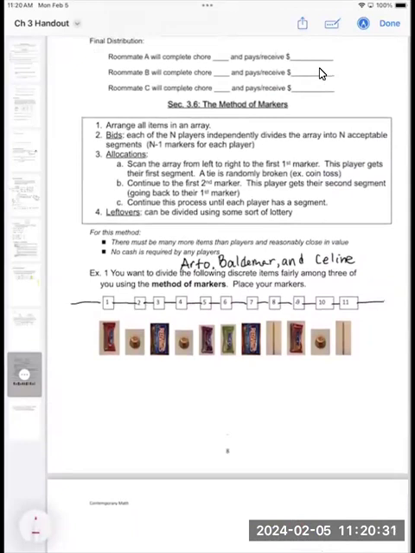So Arto may make a cut right here between 3 and 4. And what he's saying is that these 3 candies to him are a fair share of the candies. So we would put an A and I'll just put a 1 since that's his first marker. Then he would put a second marker.